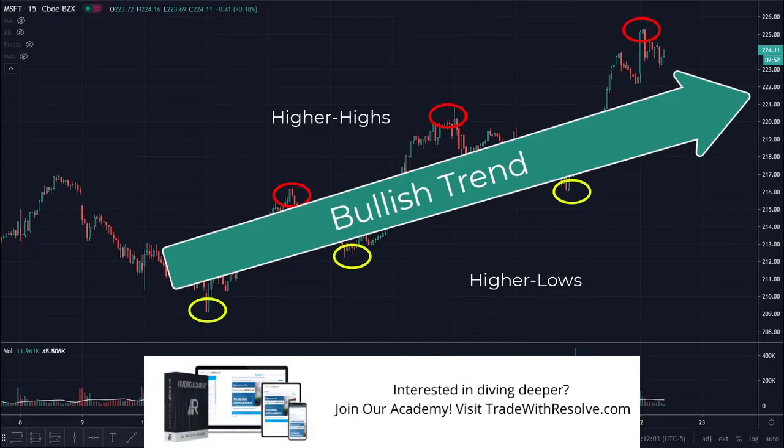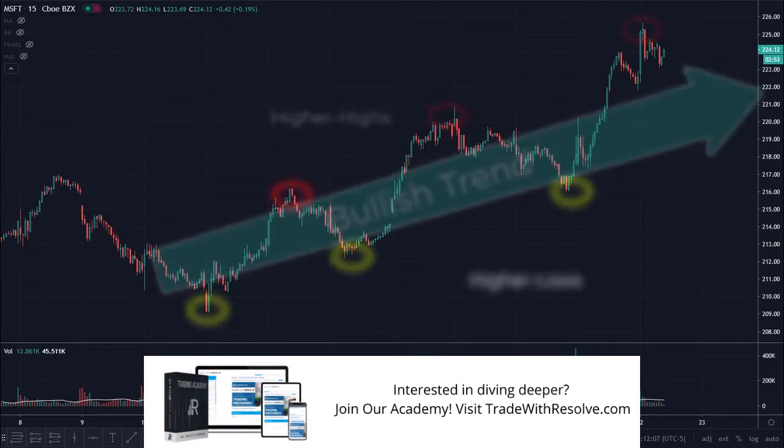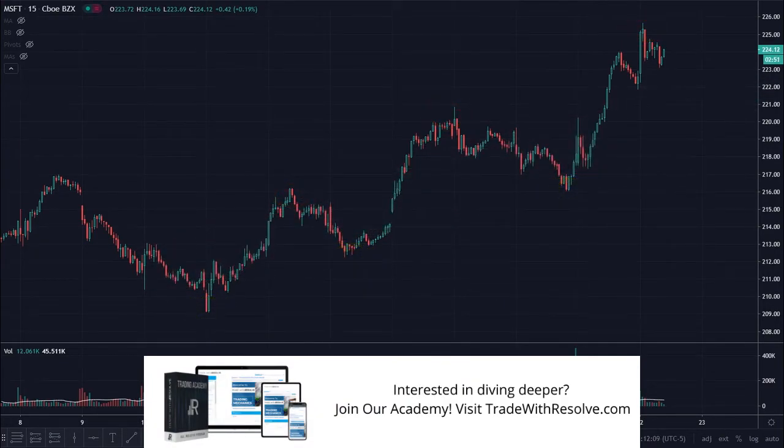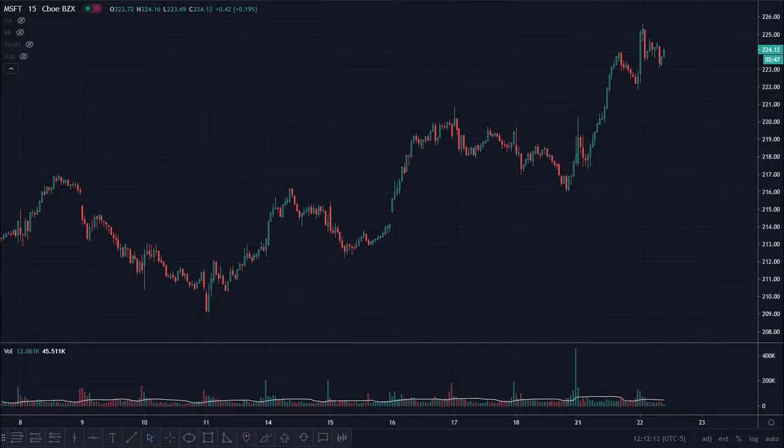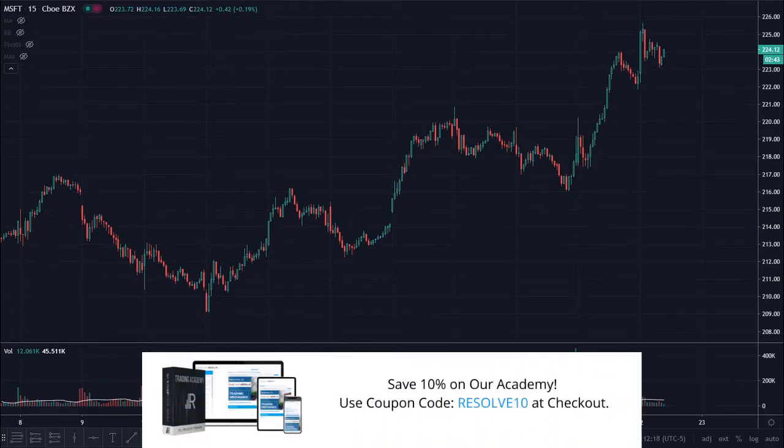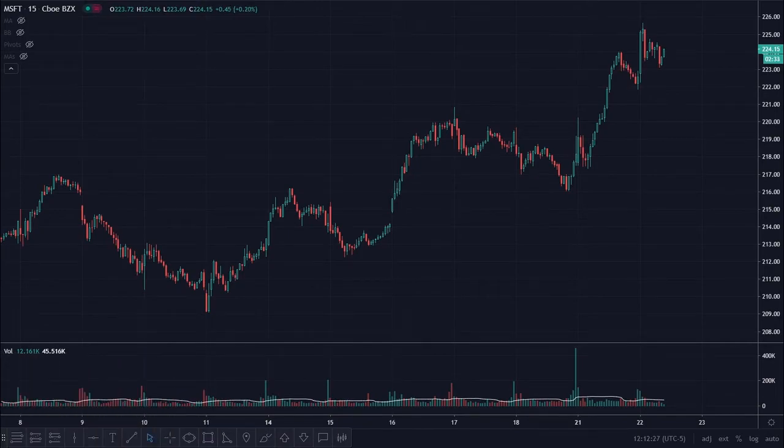And so whenever the trend is bullish, you can consider taking long opportunities. Now, this doesn't mean that you can't take short opportunities when the trend is bullish. There are a number of strategies which we cover in our academy, but as a beginner, it's important to consider trading with the trend at first in order to place the odds in your favor.